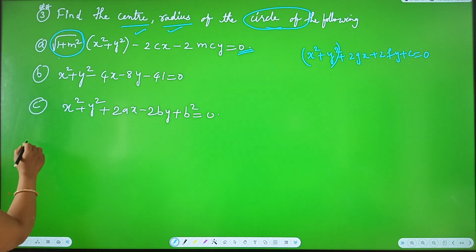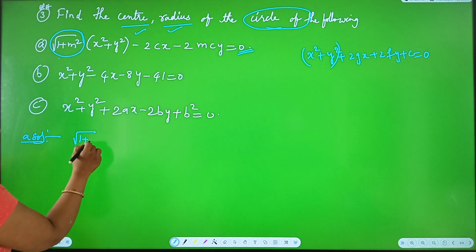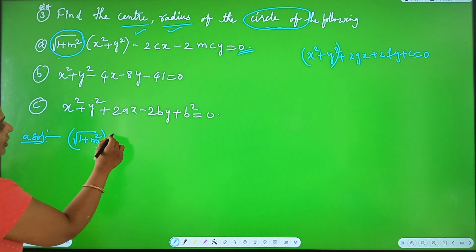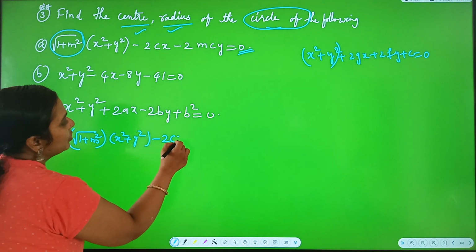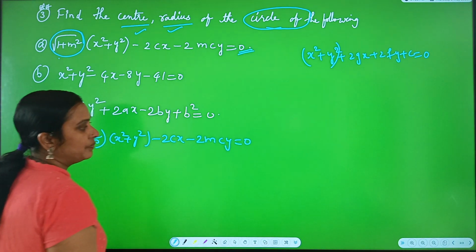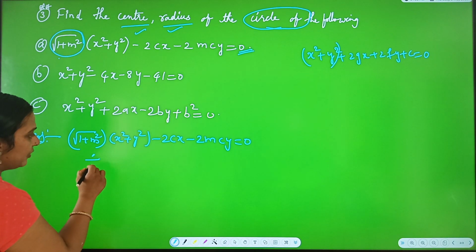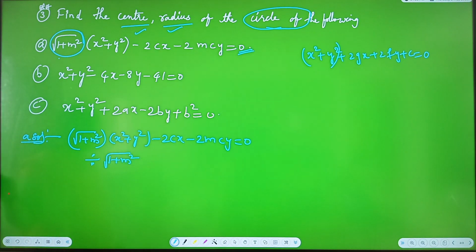So here, what is the question? Solution. The equation is under root of 1 plus m square times (x square plus y square) minus 2cx minus 2mcy equal to 0. The whole equation is divided by under root of 1 plus m square.